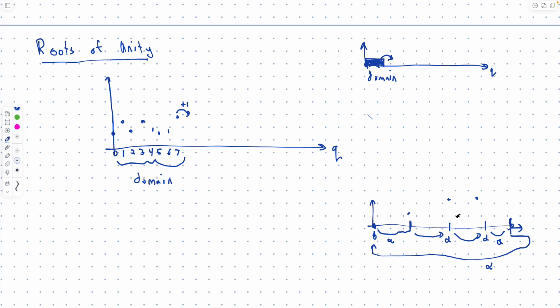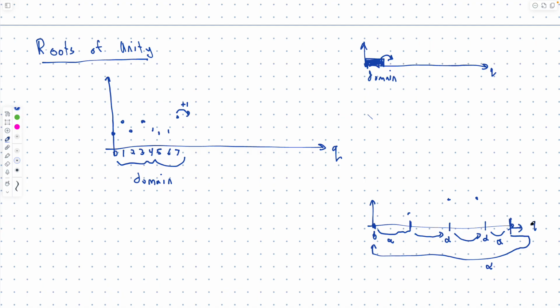All right. There's one problem. How many values do we have along here? We have q values. What is q? What kind of number is q? It's a prime number. What's a prime number divided by 8? Is it an integer?